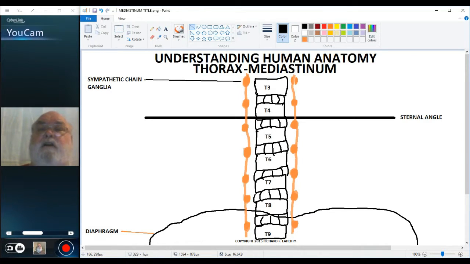I'm only drawing a line to the one around T3, but they are bilateral. There's a chain on each side of the vertebral column.